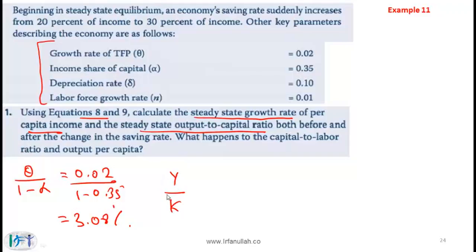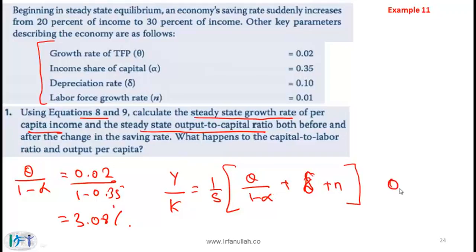So the output to capital ratio is given by 1 over S, and then we have theta over 1 minus alpha, plus the depreciation rate plus n. When you plug in the numbers, what you should get is 0.4693.